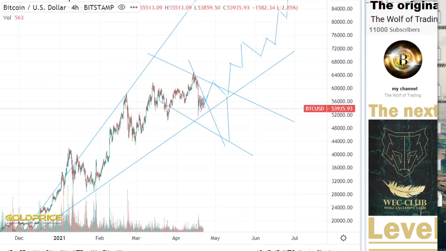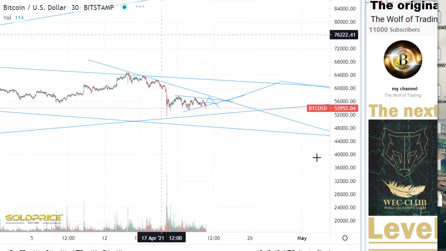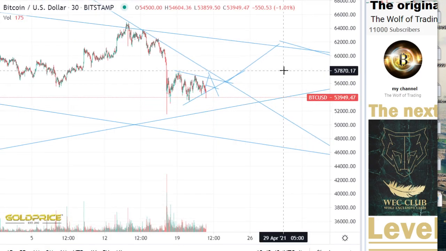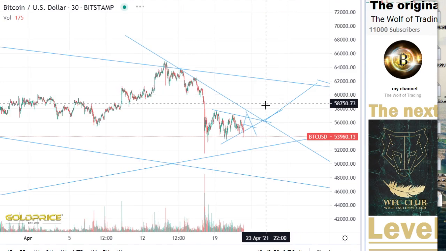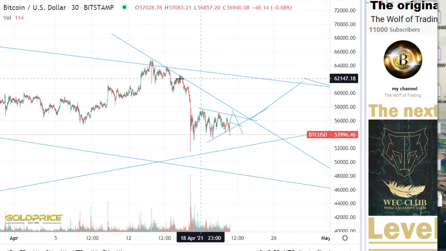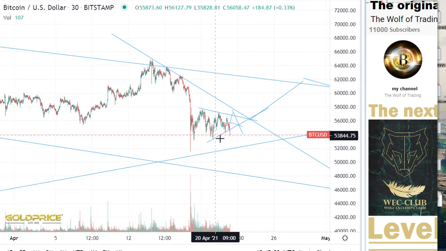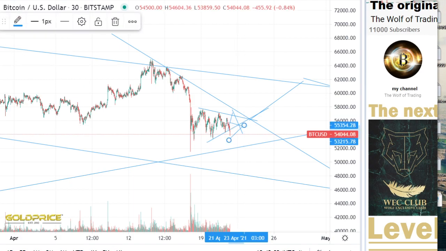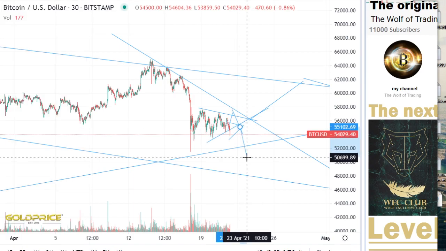Let's look to Bitcoin. You see Bitcoin falls also to the downside. If you look in general, this is not so negative. You can have something like that, the price falls to these levels.